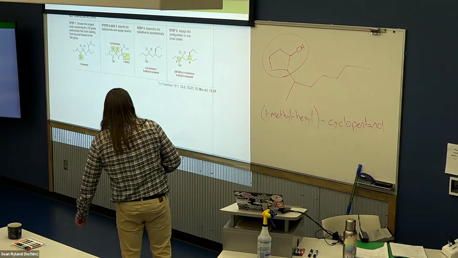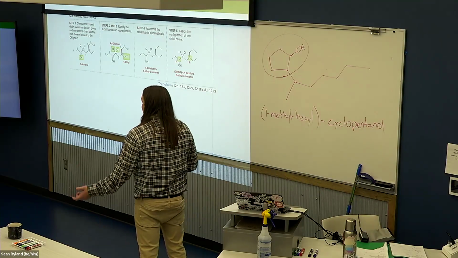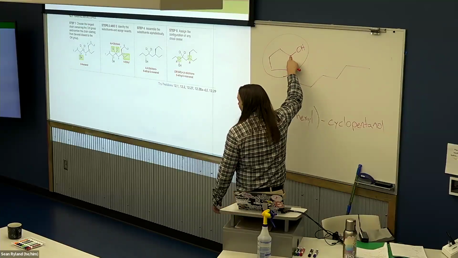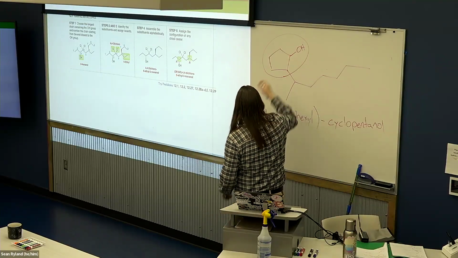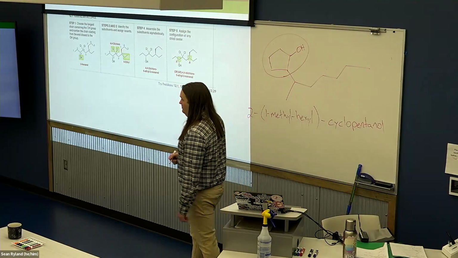And we don't need to specify where the OH is because it's a cyclo group. So just like with alkenes and alkynes, we assume that that's carbon 1. Which would mean this goes on carbon 2.